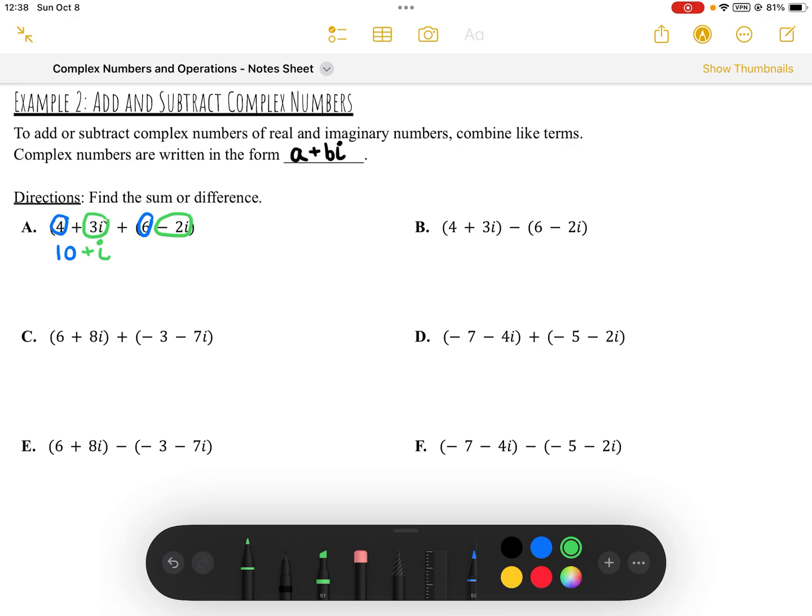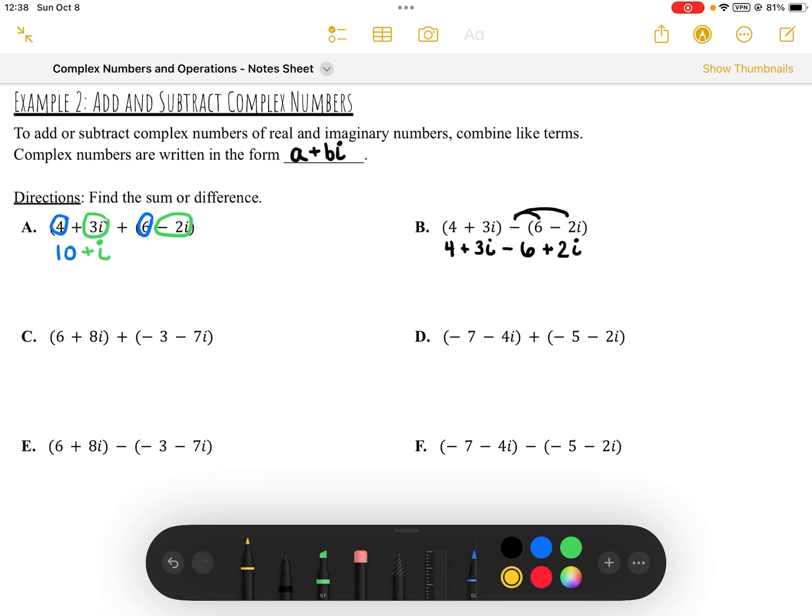For B, I have 4 plus 3i minus 6 minus negative 2i. So in this second one, I have to distribute that negative to each term in my second set of parentheses first. So I'm going to have 4 plus 3i. Distribute that negative 6, so minus 6. And then negative times the negative 2i will give me a positive 2i.